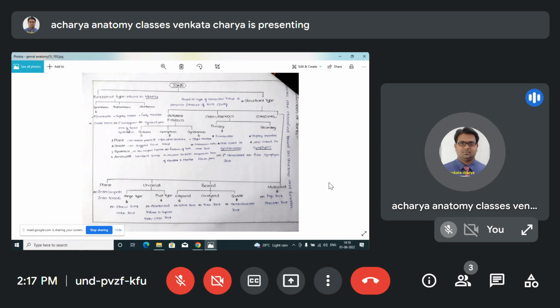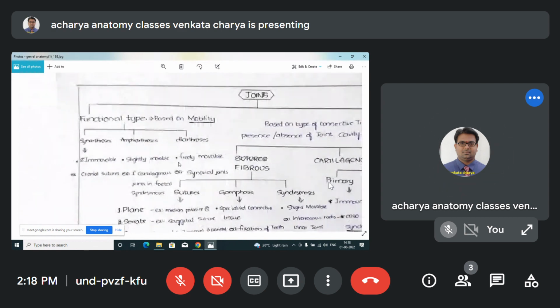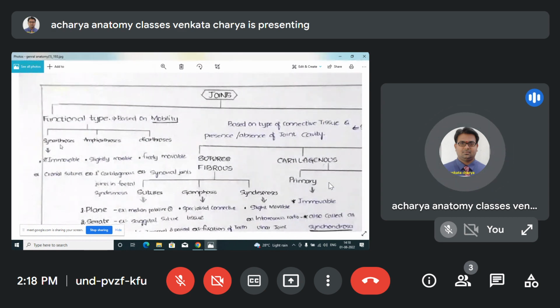So according to the function, joints are classified into 3 types. Number 1, synarthrosis.